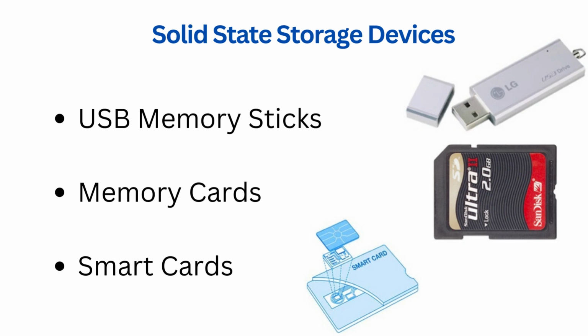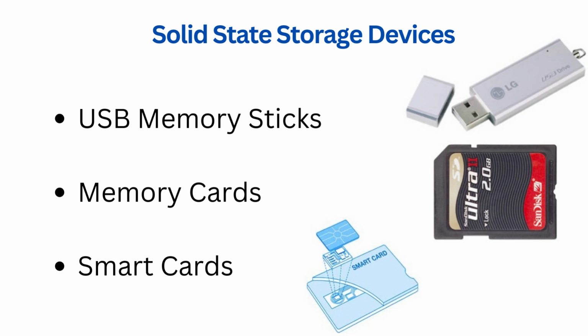Sometimes you cannot rewrite to the CD, and then you have to throw it away. So now you have the USB memory sticks where you can just plug into the USB port and copy your files. And also you can rewrite, delete, and add new files.